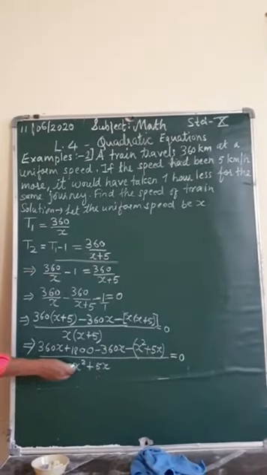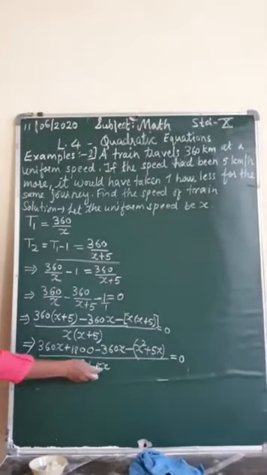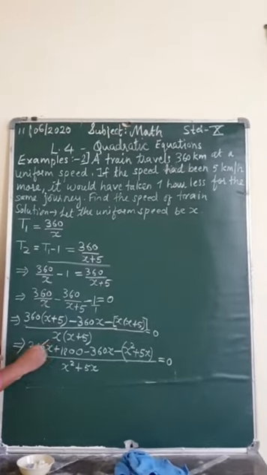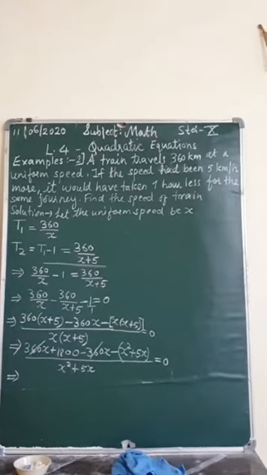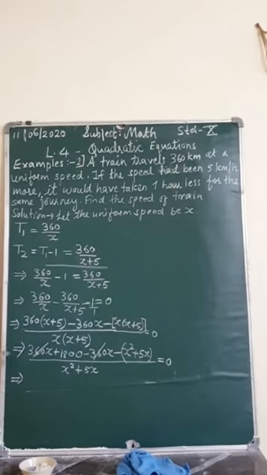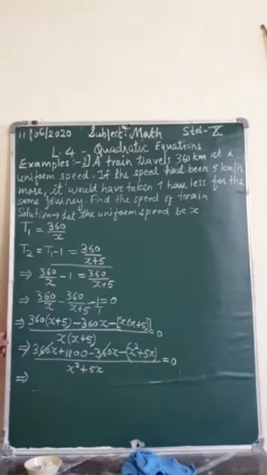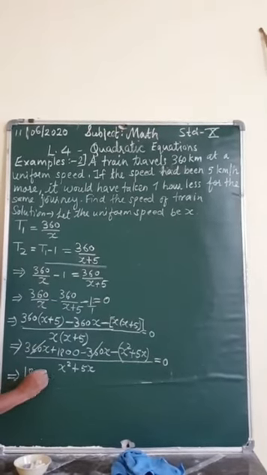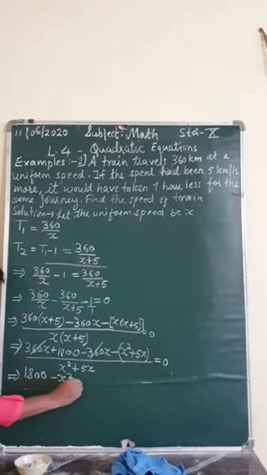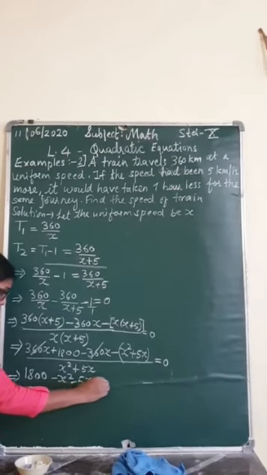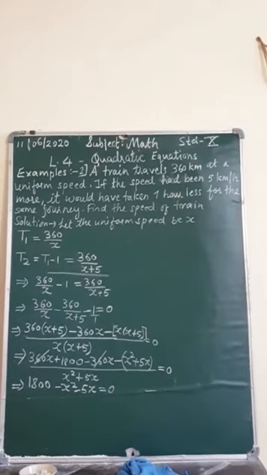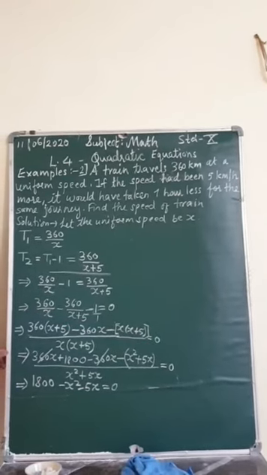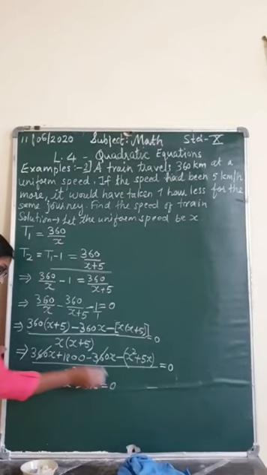Now multiplying both the sides by x square plus 5x, we get the final thing as 360x minus 360x, which gets cancelled. What remained? 1800 minus x square minus 5x is equal to 0, because when you multiply this to the other side, it becomes 0 only.